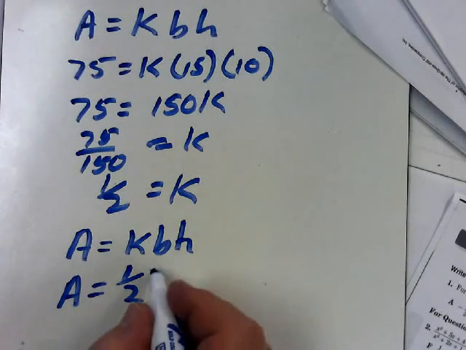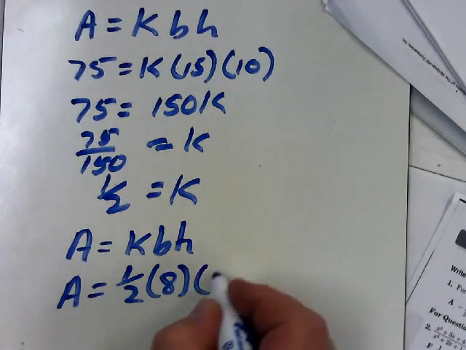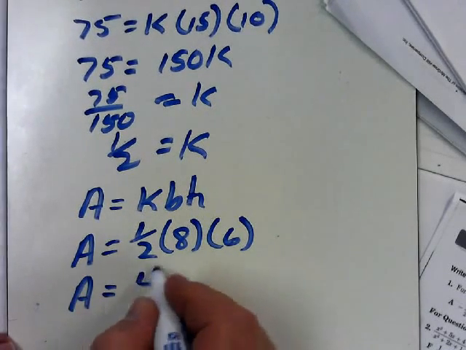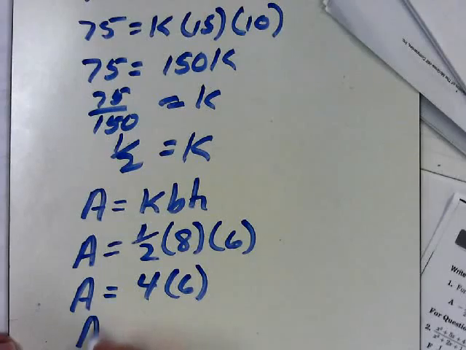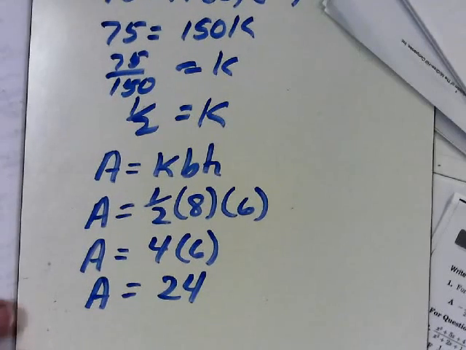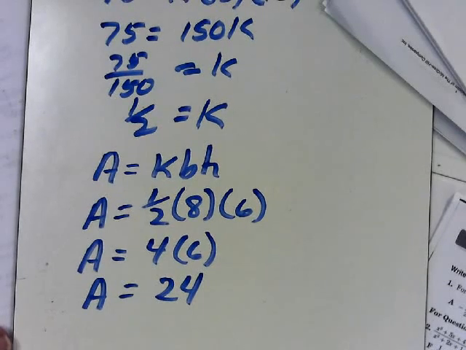They give you a B of 8 and an H of 6. So it should be 24. All right?